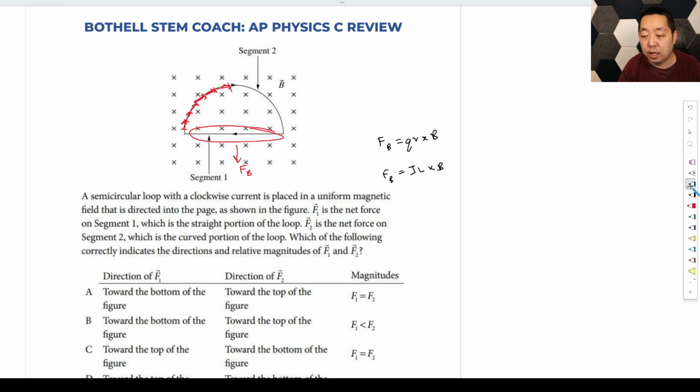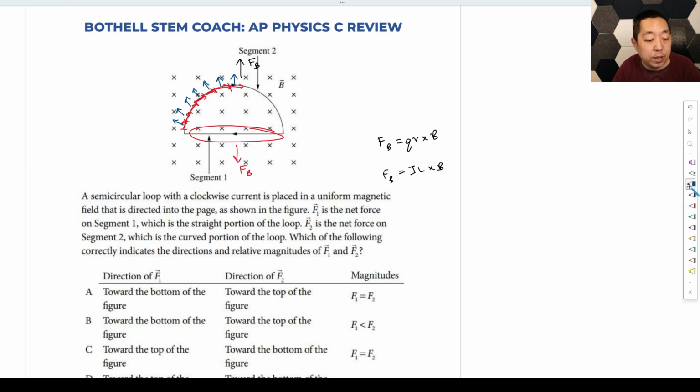There's then an upward-to-the-left component, upward to the right, upward. It's going to have these components that are perpendicular to these segments. Upward, right? Based on our right-hand rule. Now, the math is a little bit tricky, but basically the net force of this is going to point upward. So there's going to be an upward component here.